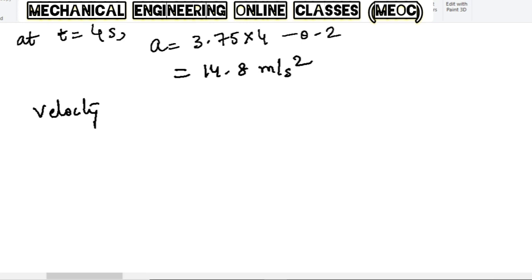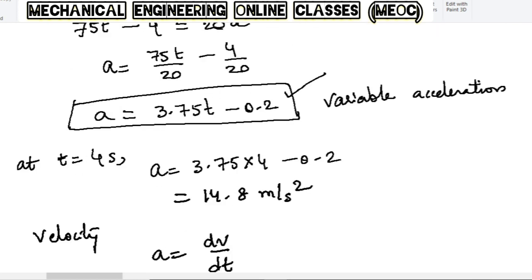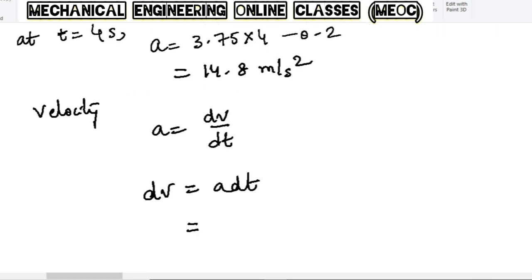We know the relation between velocity and acceleration: a is equal to dv by dt. We have to find v, right? So dv can be written as a dt, and we know a is nothing but 3.75t minus 0.2. Let us write it down here, 3.75t minus 0.2 dt.